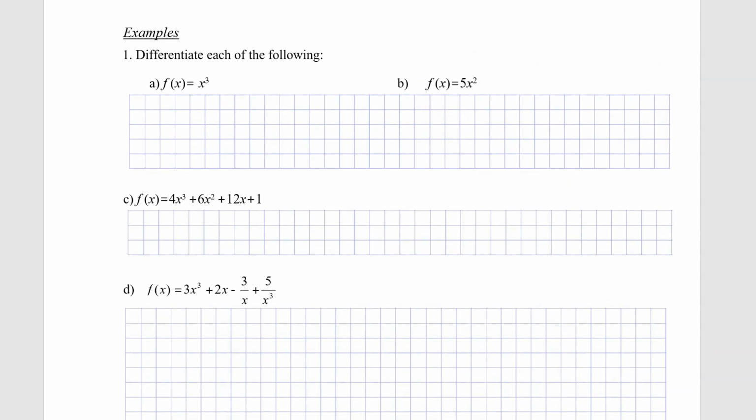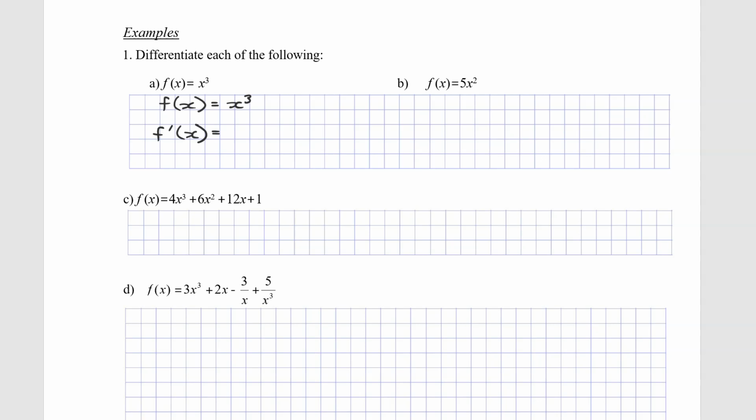So using this new rule that we've come up with, say for example, if we've got f of x equals x cubed, then our f of x is this. And we want to get f dash of x, so the function that's going to explain the slope of this original function f of x.